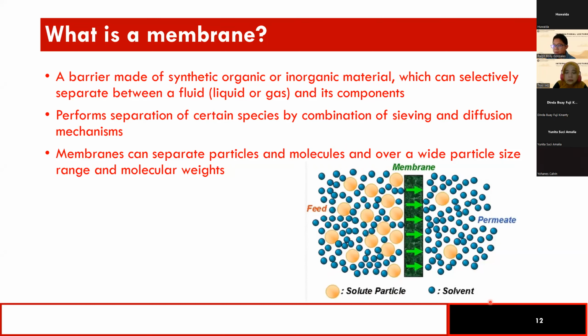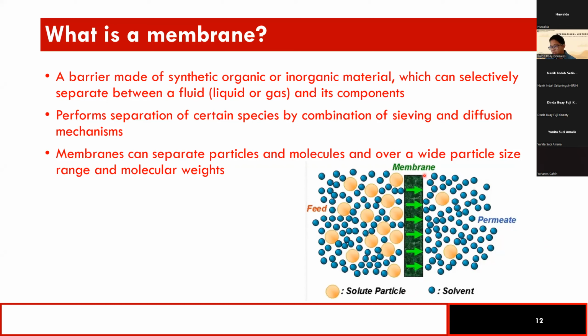So this material performs separation of certain species by a combination of sieving and diffusion mechanisms. So sieving, so this membrane has different sizes. So if the material is bigger than the size of the membrane, then it cannot pass through. If it's smaller, then it can pass through.